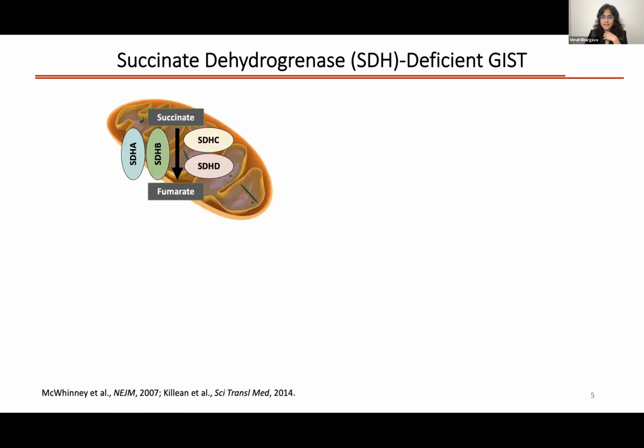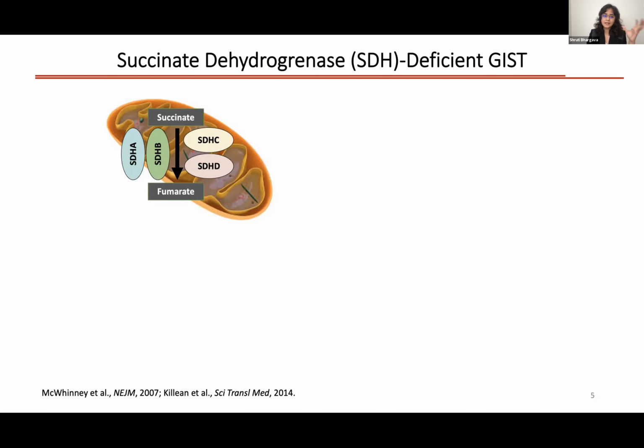Now, what is the succinate dehydrogenase enzyme? It is present in one of the very important organelles of the cell, which is the mitochondria. It's also the powerhouse and is responsible for energy generation of the cell for various processes inside a cell.